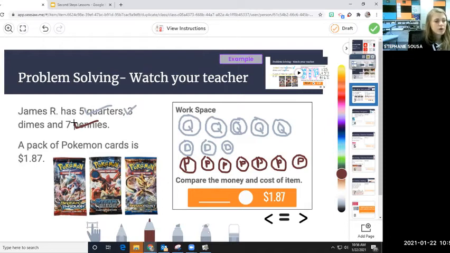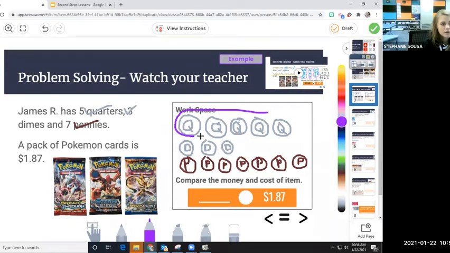In order to compare the amount of money, we have got to count how much we have to see if it is more, less, or equal to $1.87, which is the cost of the Pokemon cards. Okay. Here's where I'm going to use some of those strategies that we've been practicing over the last few days.